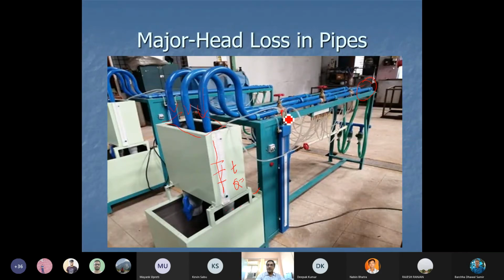If we measure the head loss over a certain length of pipe, that we can measure using a U-tube manometer arrangement connected to each individual pipe. We can use the Darcy-Weisbach equation.